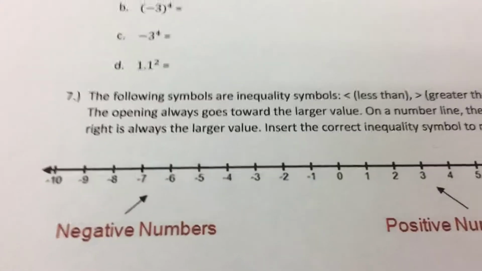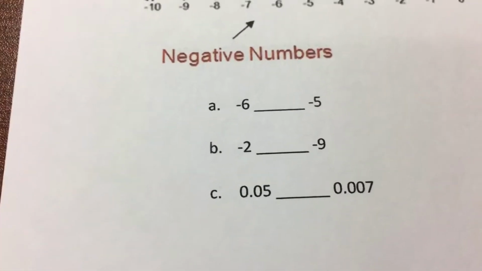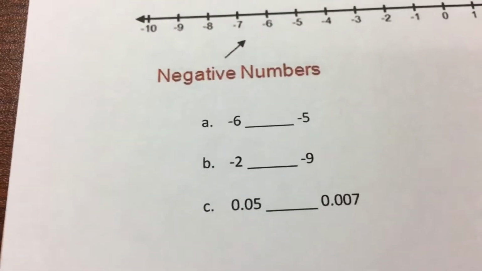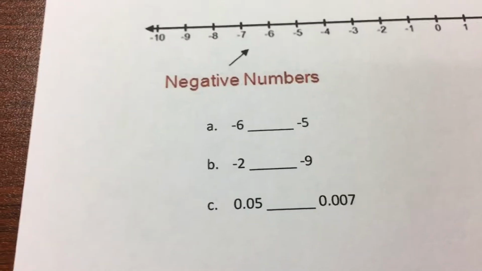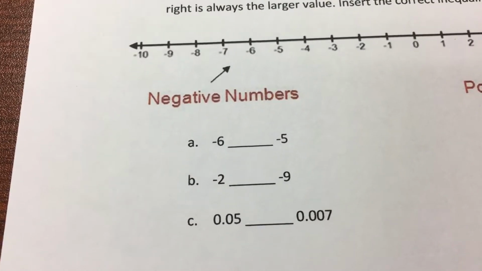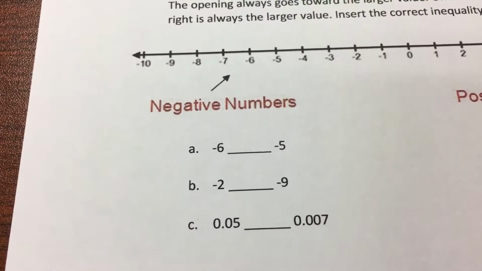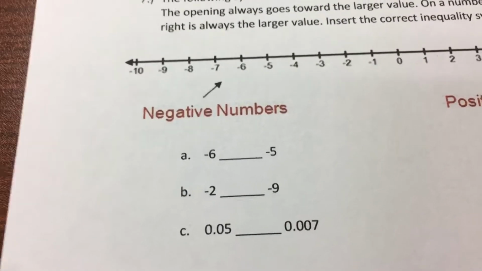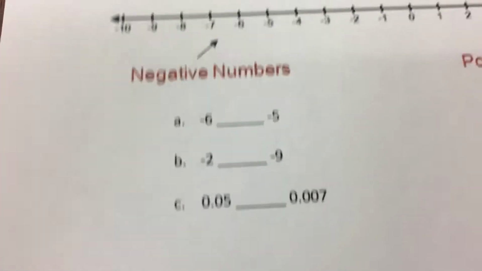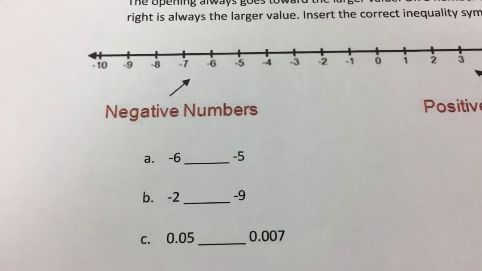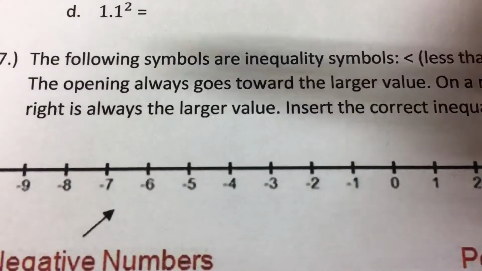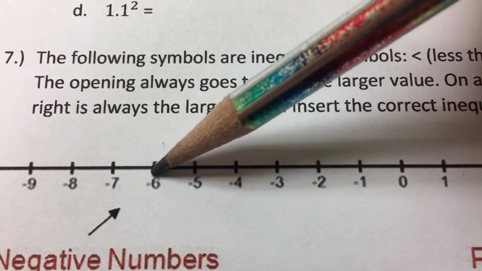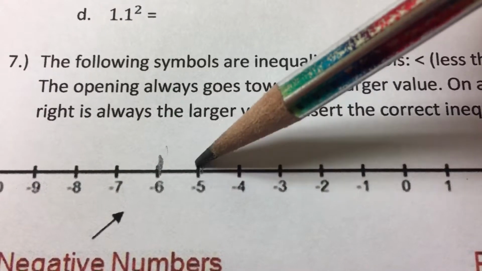Okay, next thing, we've done this over and over, but now we have some negative and positive numbers. They want you to put in your inequality and tell which number is the largest. In this case, you will plot your points like -6 and -5. If I look at this number line, here's my -6, here's my -5.